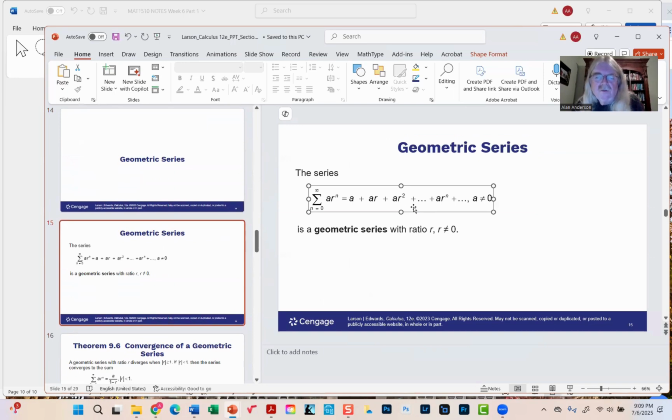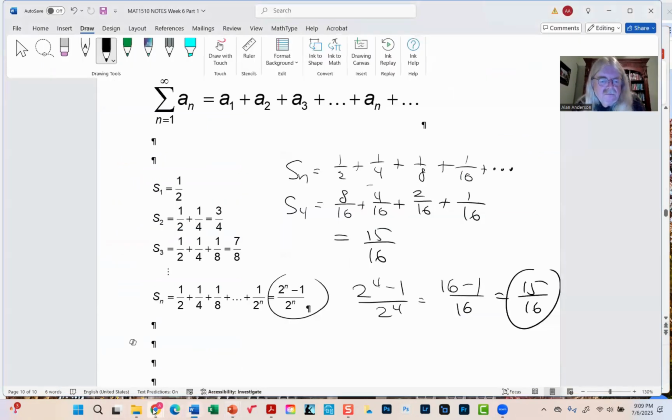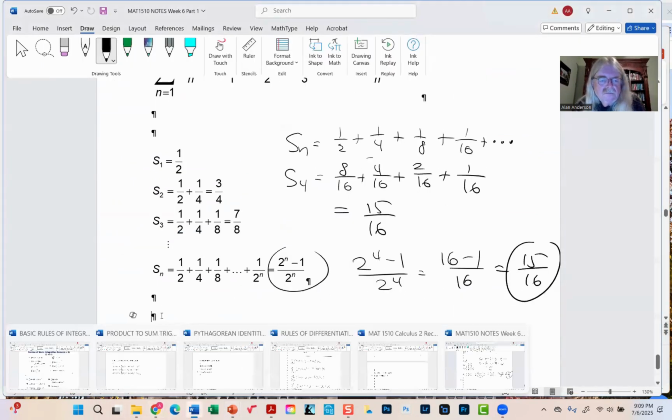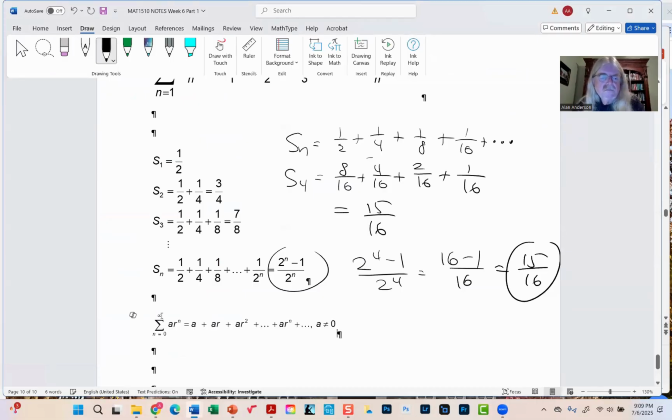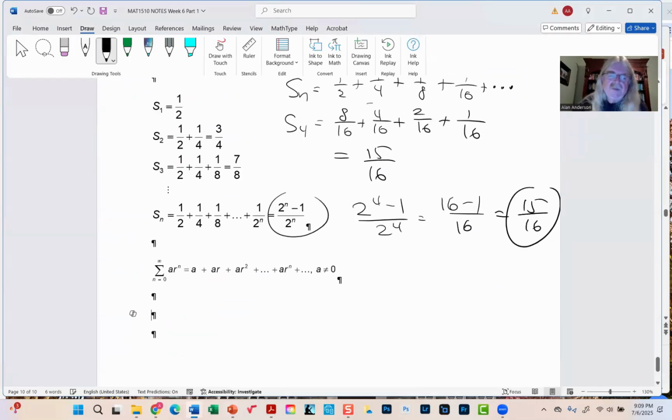So, in other words, a good example of this would be, let's say that we have, let's keep it simple.